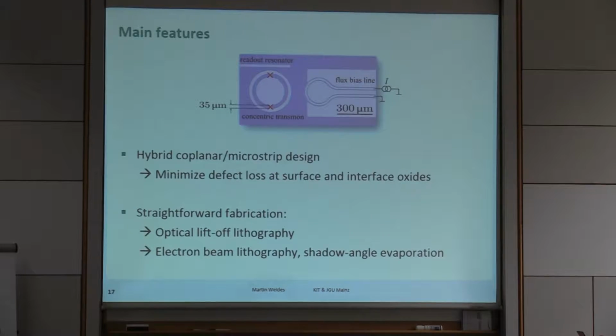If you have a metallic ground plane, then a larger fraction goes into the substrate, and the substrate is of high quality. So we reduce coupling to surface TLSs. It's just a trick to reduce the dielectric loss of the system.